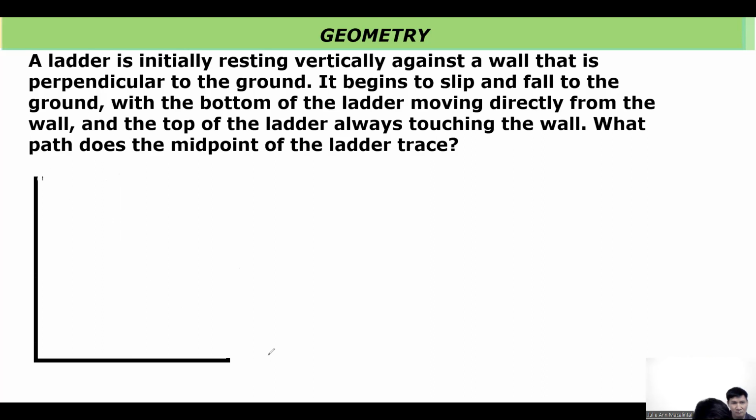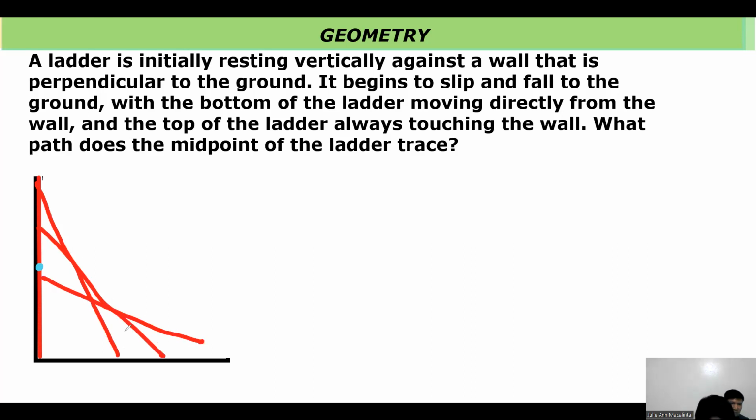There is a ladder. Then let this midpoint be somewhere here. That's the midpoint of the ladder. If the ladder slides down, sort of like this, what path will its midpoint reach? So that is the problem.